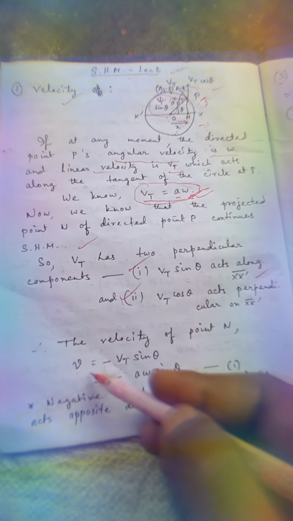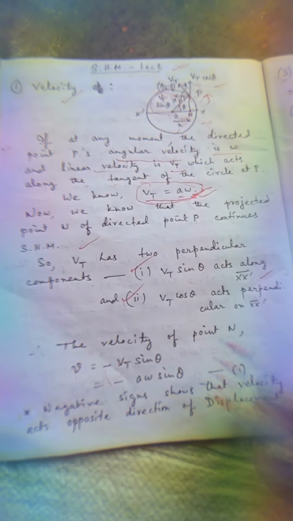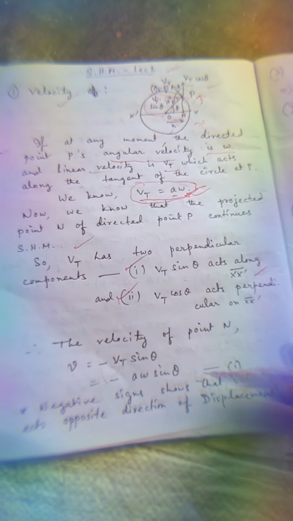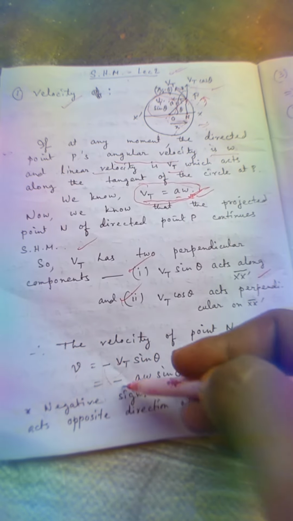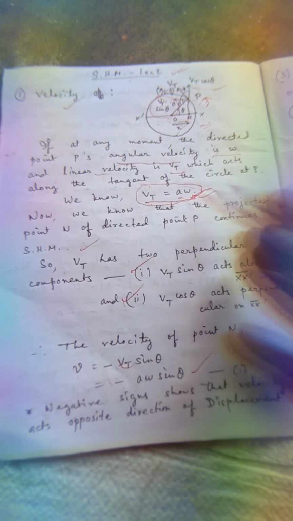So V is equal to minus Vt sin theta. I have taken the negative sign because the displacement and the velocity of the particle which executes simple harmonic motion are opposite in sign. So this will be minus a omega sin theta, where Vt is equal to a omega.